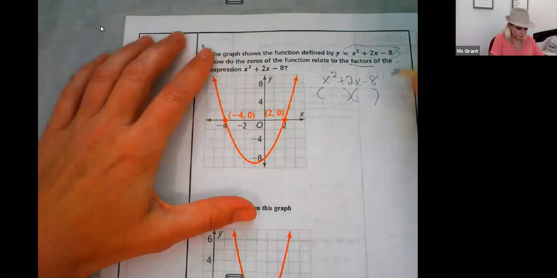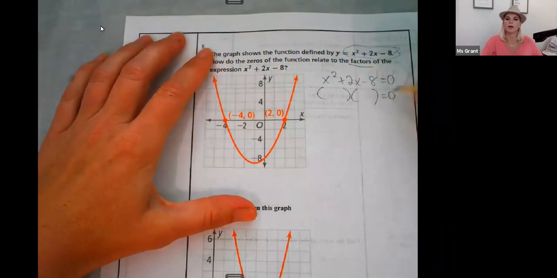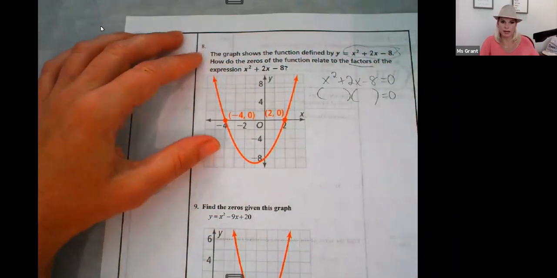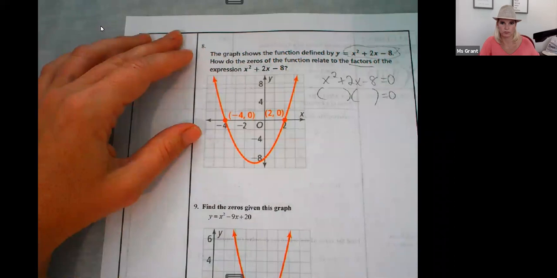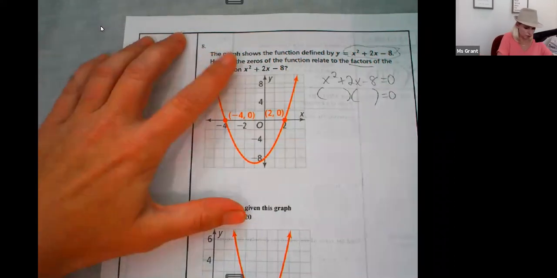Oh, sorry, equals 0. Two numbers that multiply to make -8 but add up to positive 2. 4 times 2. To make a positive 2, positive 4 and negative 2.